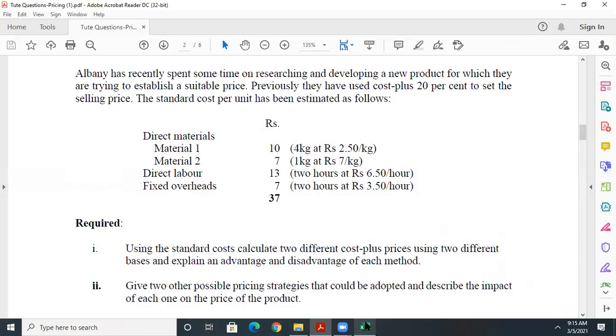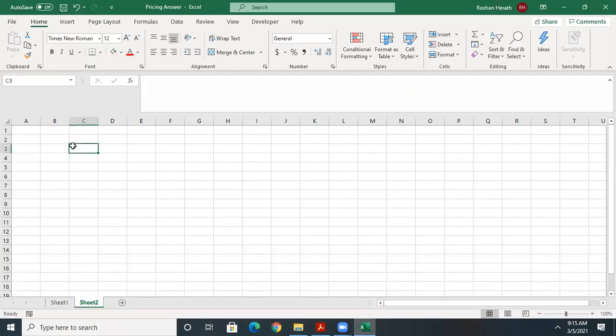So the full cost, they have worked that out. It was given as 37. So first we take the full cost based pricing. We are going to take the full cost and work out the pricing. So the full cost is 37, and you're going to apply, let's say, a 20% margin.